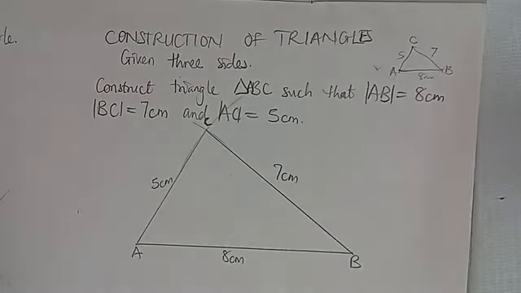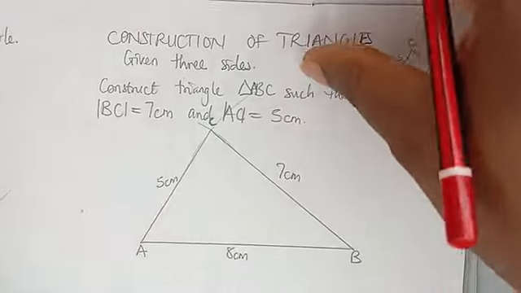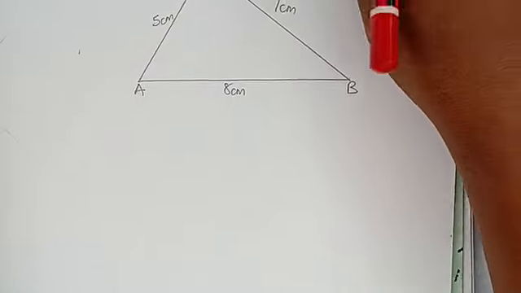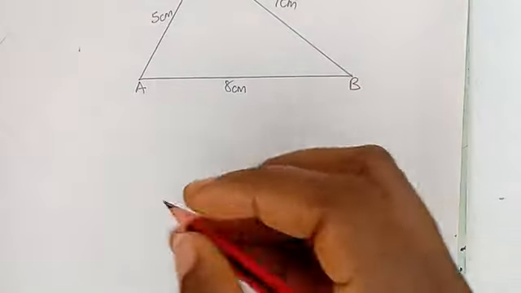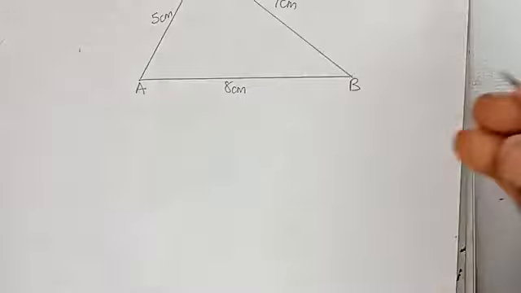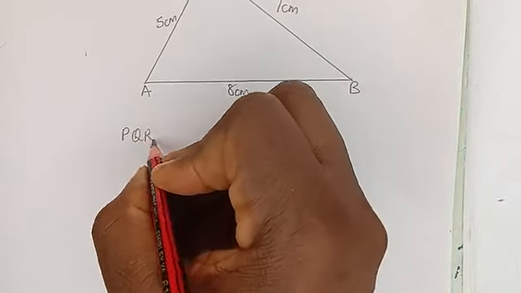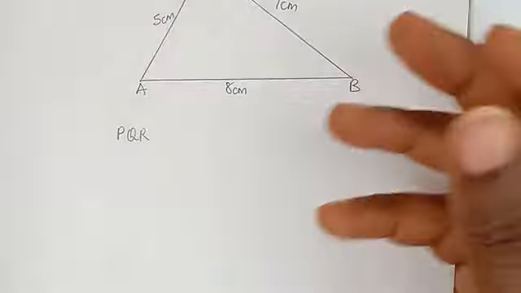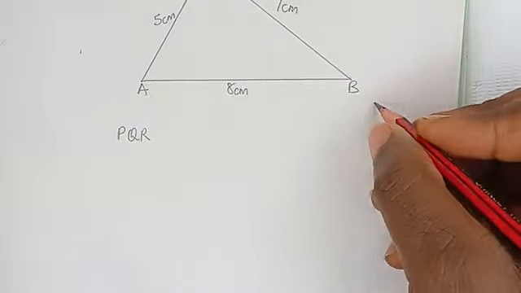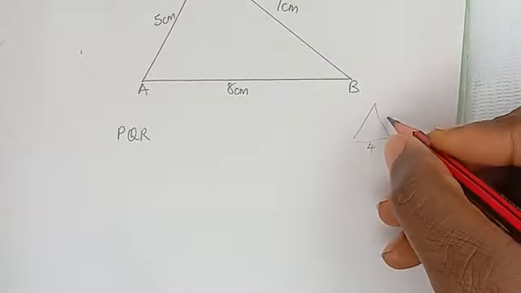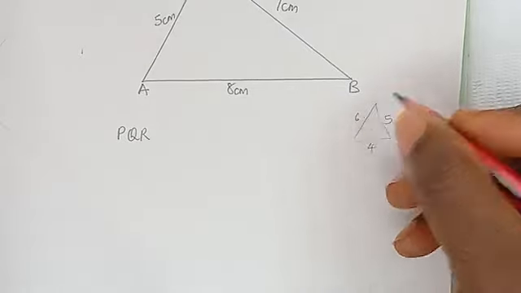And that's all. Okay, so for practice sake, let us have another triangle to construct. Let's say triangle PQR, for example. Let me just have a sketch. Let's say this was 4 cm, this was 5 cm, this was 6 cm.